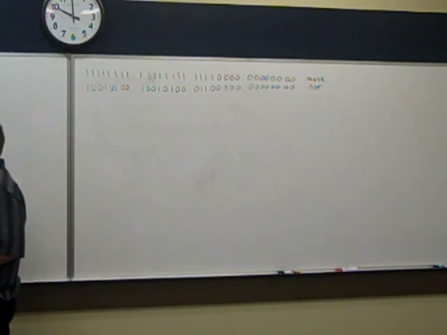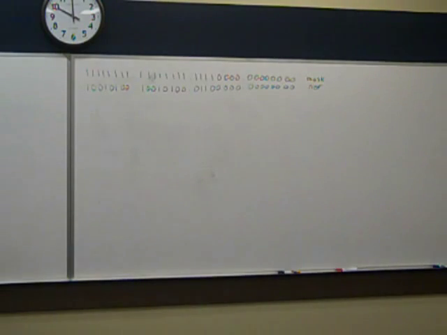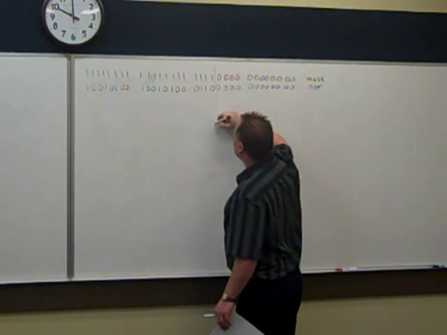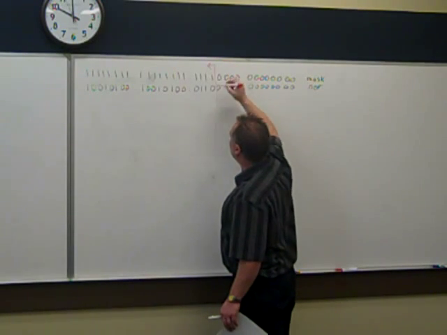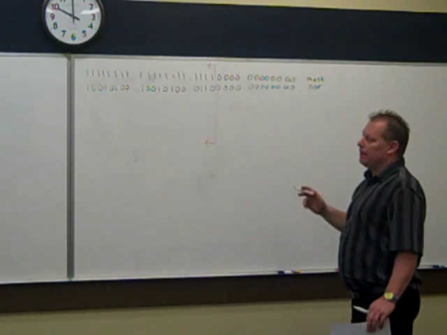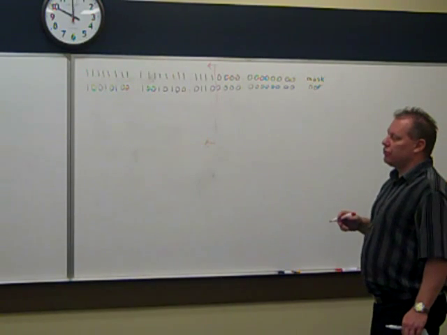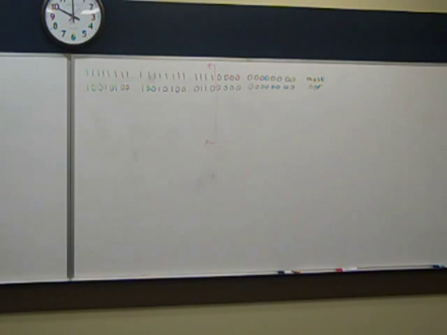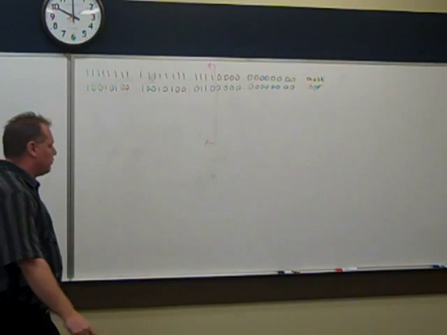Remember, we're masking a portion of this address. In this case, it's from here over, the first 20 bits. I want to draw this in prefix: /20. We'll do a little prefix primer later.